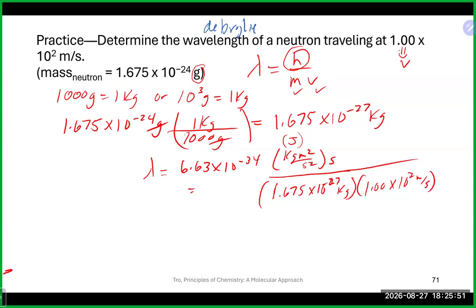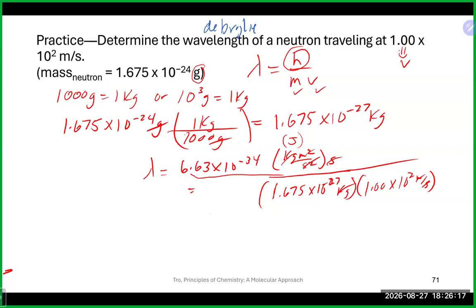And if we do all that good stuff there, I'd like my line to go bigger. There we go. 6.63 to the minus 34, 1.675 minus 27, and divided by 1 to the 2. That's going to get us something with a lot of zeros. All right, so everything's going to cancel out here except for the meter.